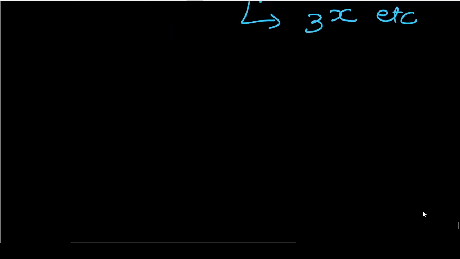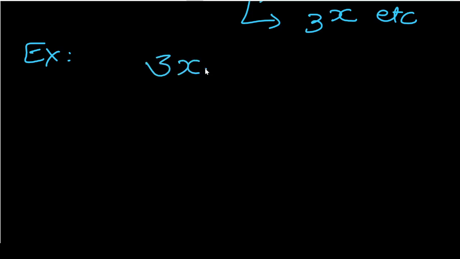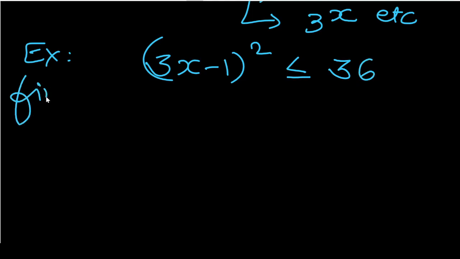So for example, let's take a linear function square, let's say 3x minus 1 whole square less than or equal to 36. Let's solve for x. Guys, try this.